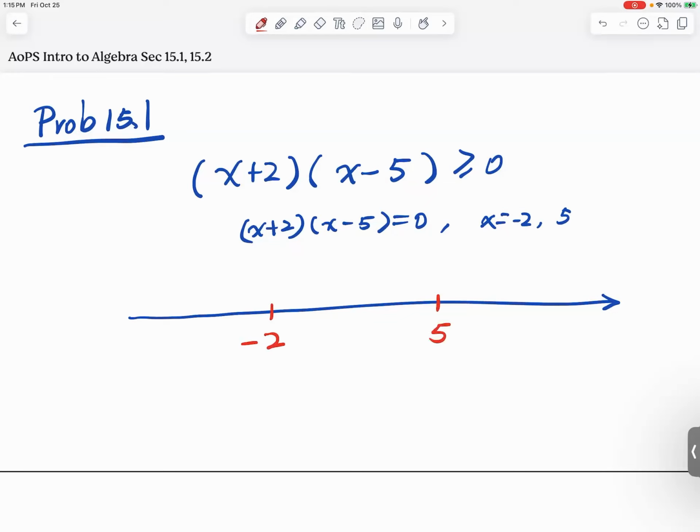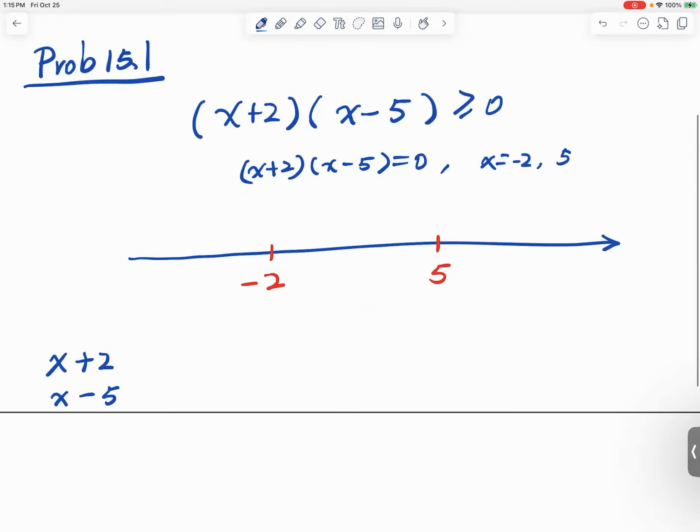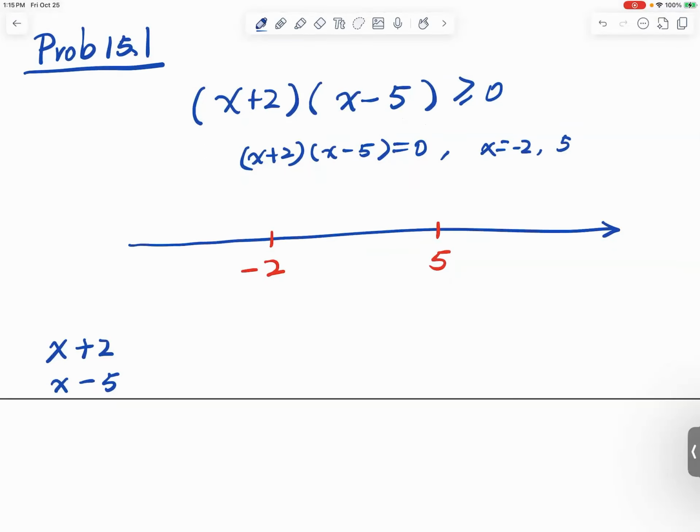Then you look at the two factors, x plus 2 and x minus 5. These are the two factors on the left-hand side, right? There are 3 intervals: this is interval 1, this is interval 2, this is interval 3.